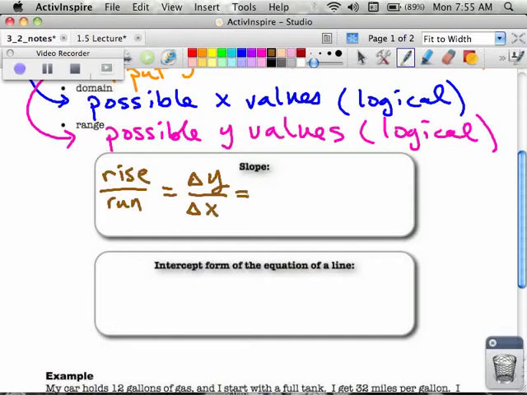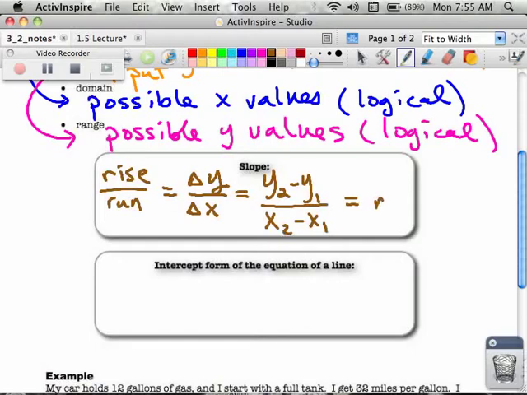The formula is y2 minus y1 over x2 minus x1, which is really just saying, look at the y value from the second point, take away the y value from the first point, look at the x value from the second point, take away the x value from the first point. Divide them, that's your slope.